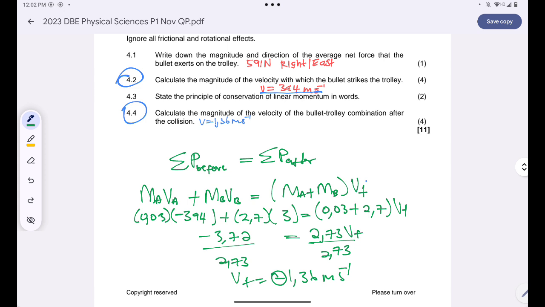The negative simply states that the bullet and trolley system were moving towards the right, towards the negative direction, because right now we've chosen the western direction to be positive, which simply means the eastern direction will be negative. Are you together? So it's important, guys, that whenever you are dealing with vector quantities, please do state your direction.